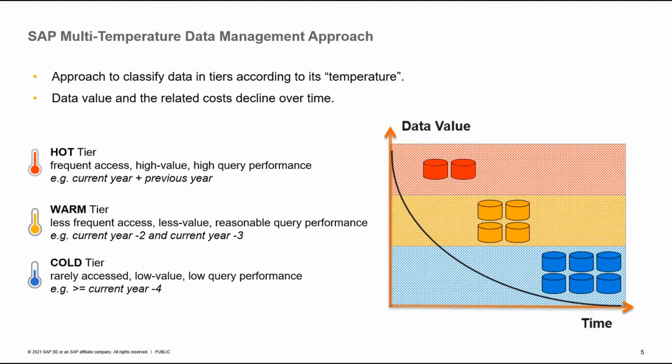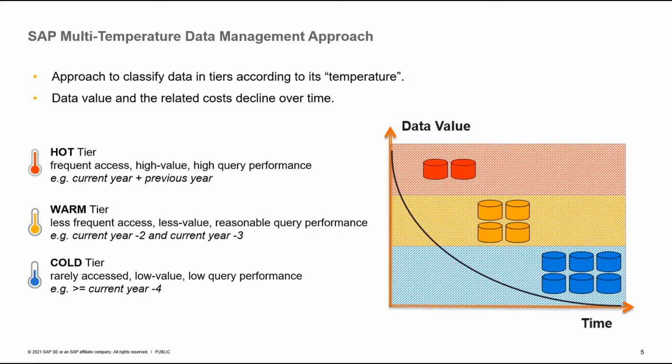At SAP, we have this overall multi-temperature data management approach where we classify the most important, most current data, which provides a high value for business decisions and requires a very high performance, as hot. The warm tier is a less important cluster. It is still accessed, but not regularly. Maybe it's the prior year or the years before.